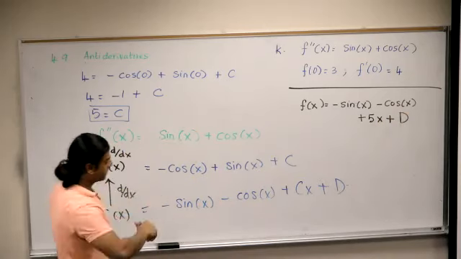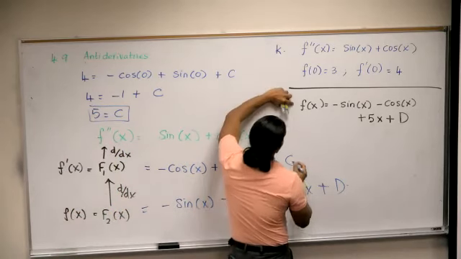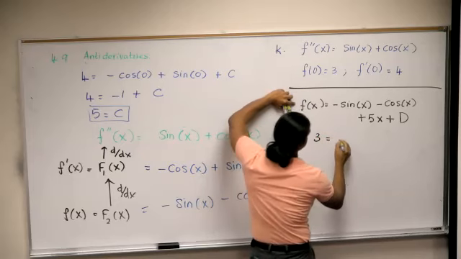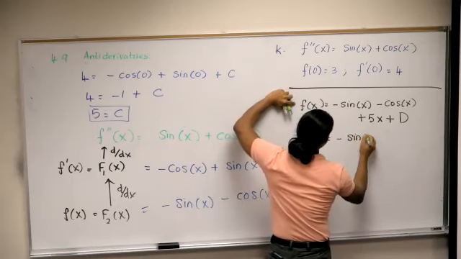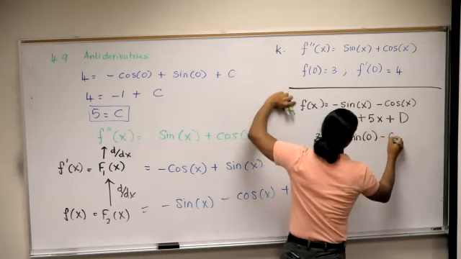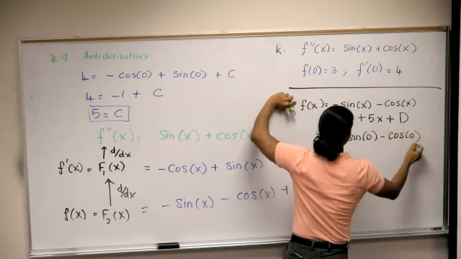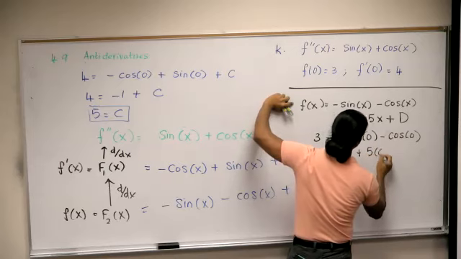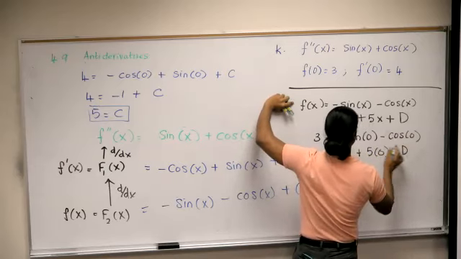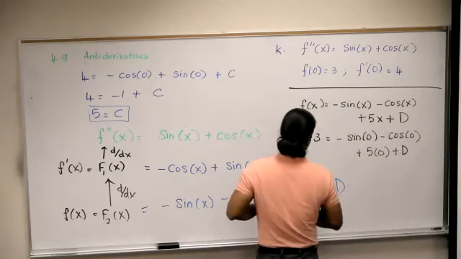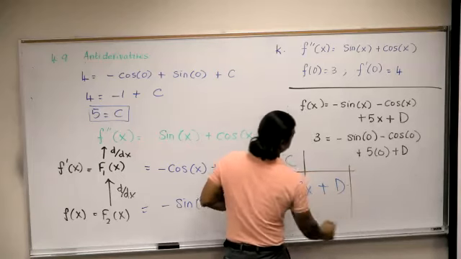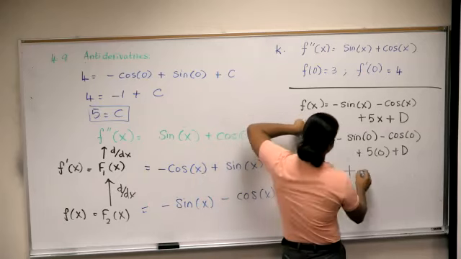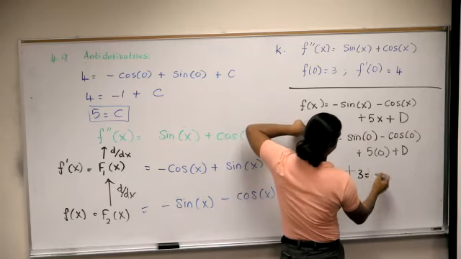Plug in 0. f of 0 is given in the problem as 3. So 3 equals minus sine 0 minus cosine 0 plus 5 times 0, plus d.